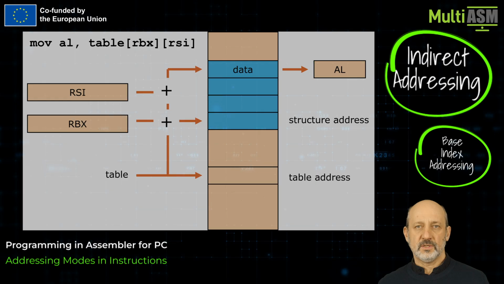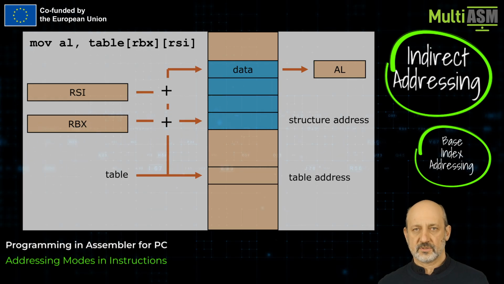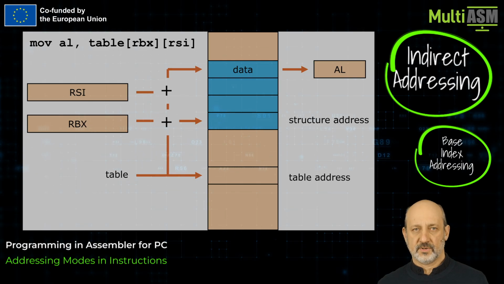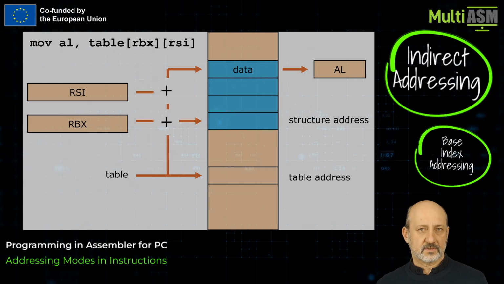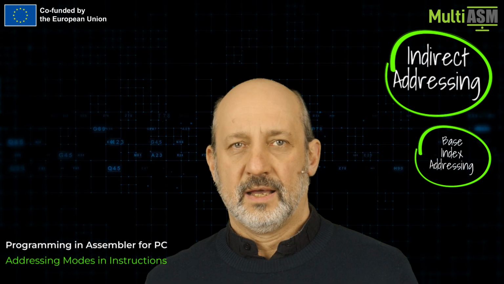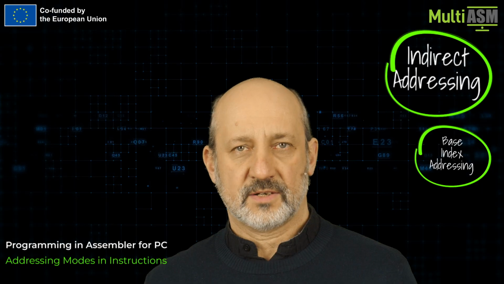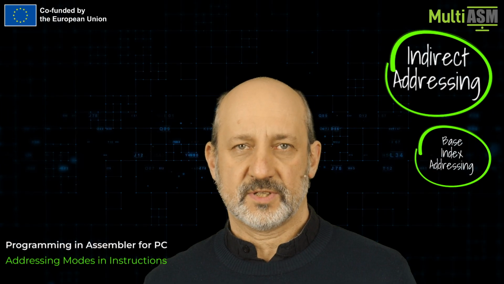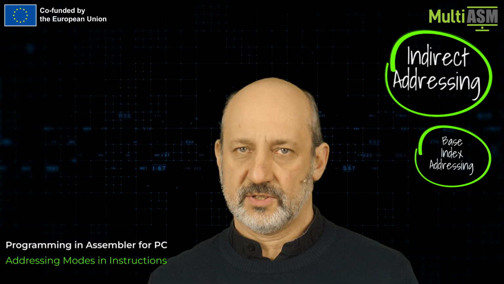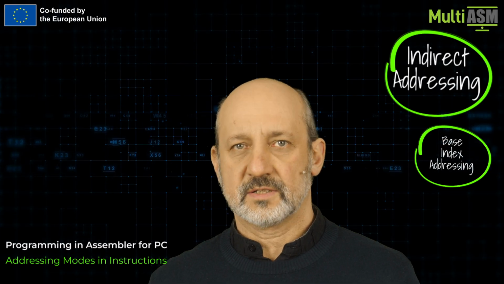This mode can be interpreted as the constant is the address of the table of structures, the base register holds the offset of the structure in a table, and the index register keeps the offset of an element within the structure. As in base index addressing, in 64-bit processors, the first register used in the instruction is the base register, and the second is the index register.